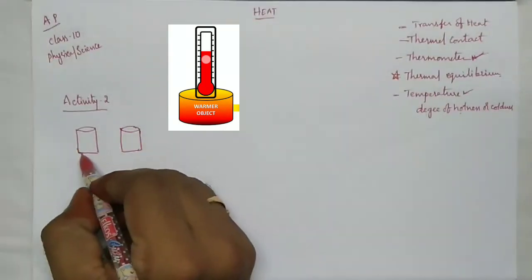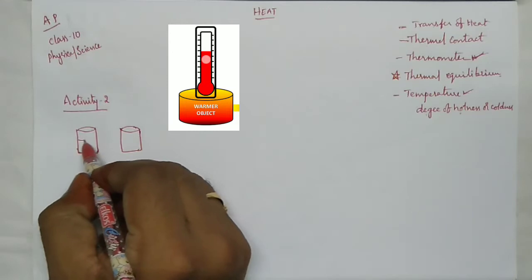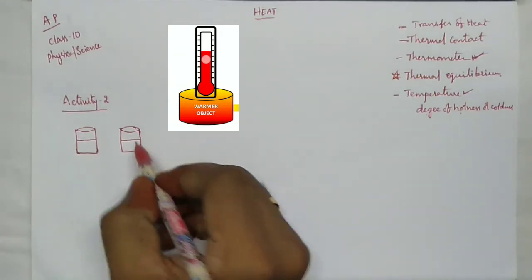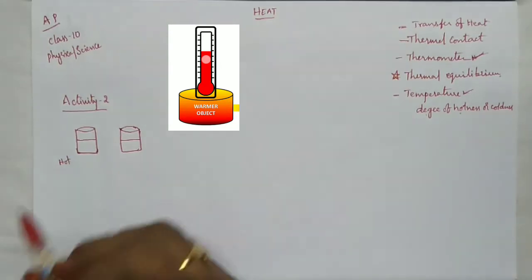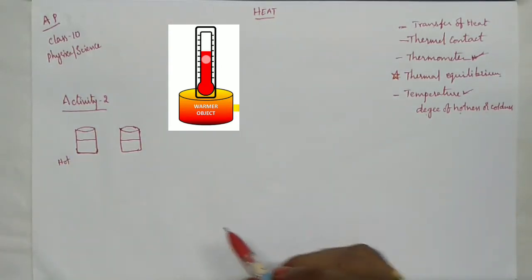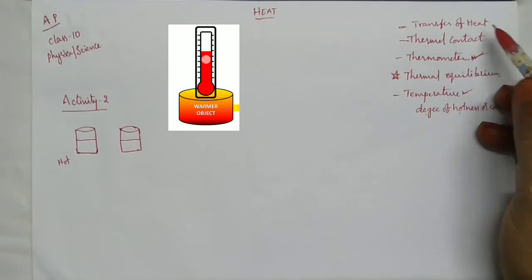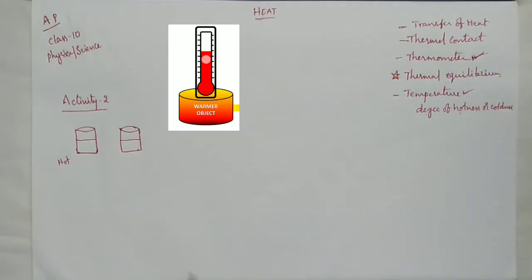Now, in these 2 objects, we'll take the first one. This is the hot water. How do you decide it is hot water? As we discussed yesterday, by touching it, you can feel the heat in it.